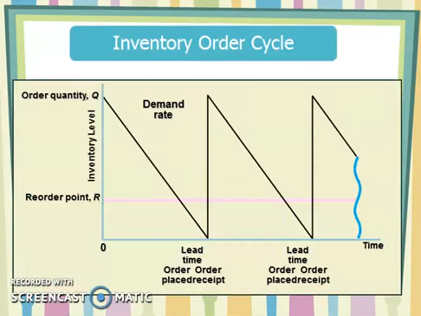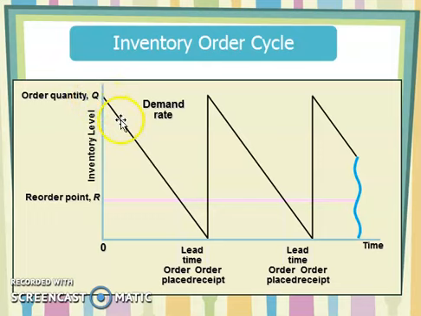So before starting to know how to calculate EOQ, let's learn about the inventory order cycle. On the horizontal axis we have shown time, and on the vertical axis we have shown the inventory level. Whenever we place an inventory order, on receiving that inventory, our inventory level will rise to a level called Q, which is the maximum inventory level.